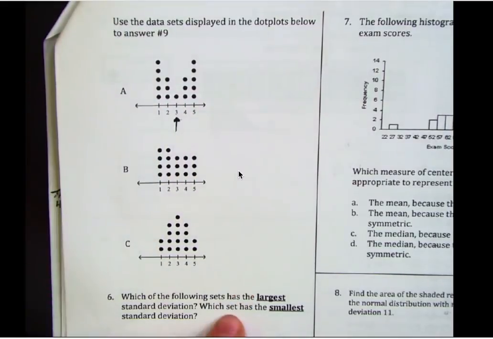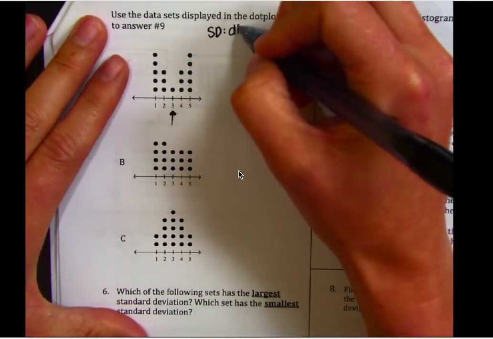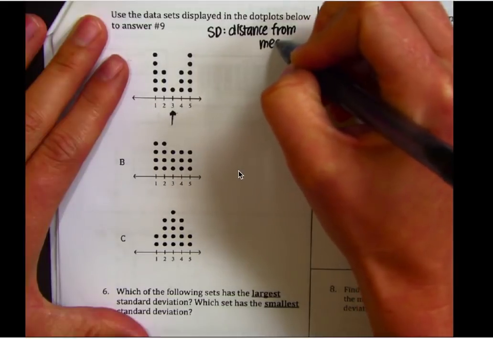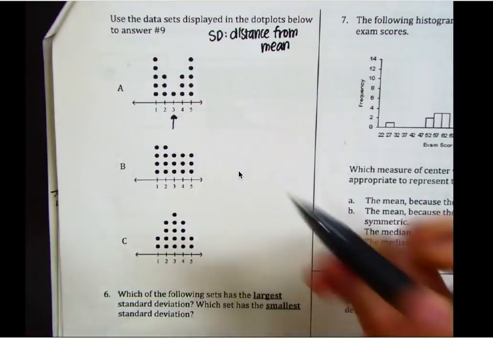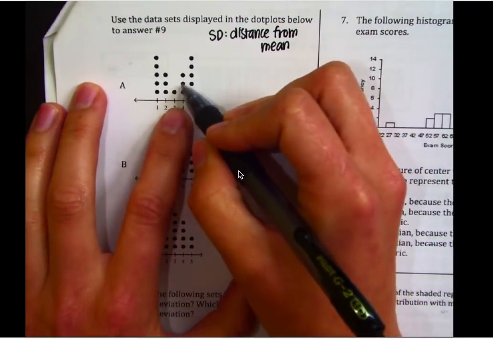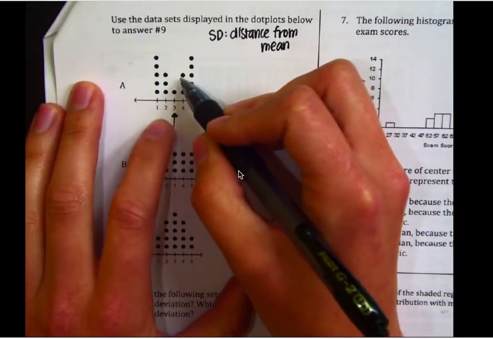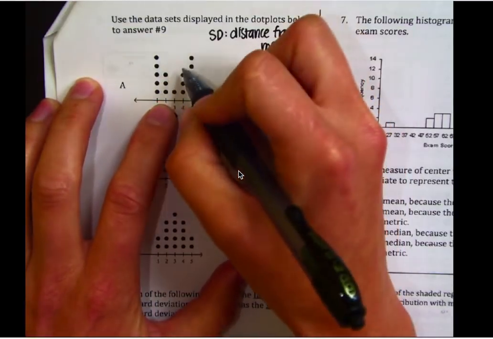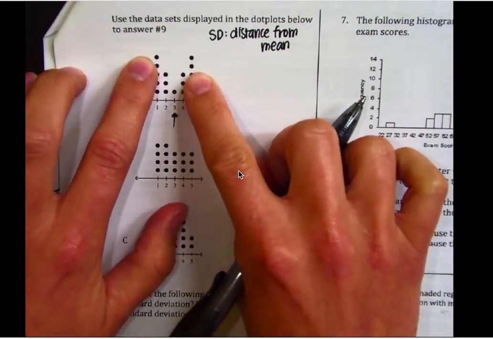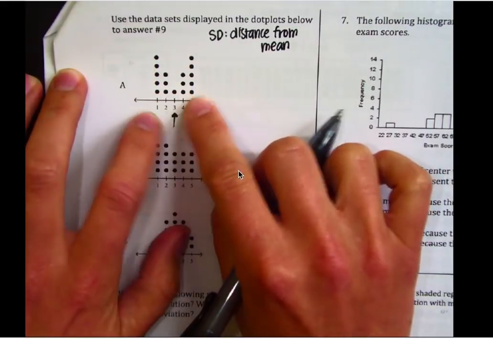When we talk about standard deviation, it means the distance from the mean. If we look here, all of these points are 1 away from the mean. So we've got quite a few points that are 1 away from the mean. Then we've got 10 different points that are 2 away from the mean.